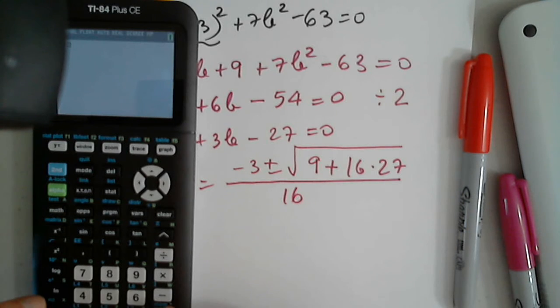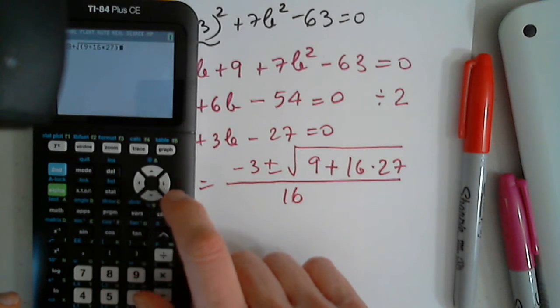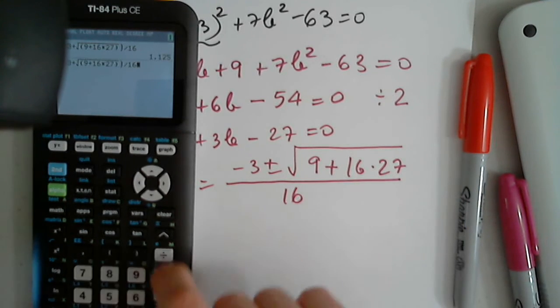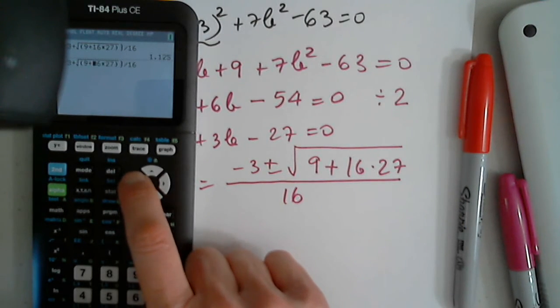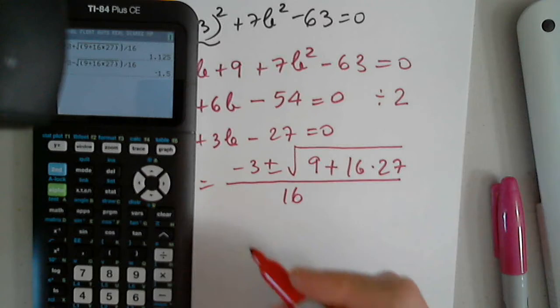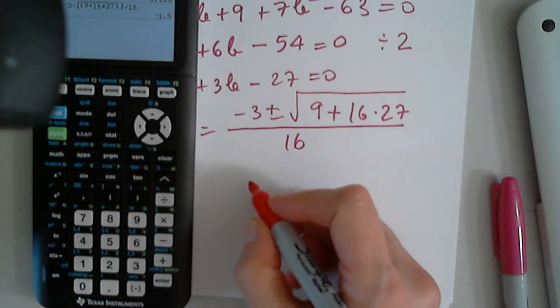So negative 3 plus the square root of 9 plus 16 times 27, divided by 16. And I change to minus. Okay, so I got 2 solutions as expected, and you know why.